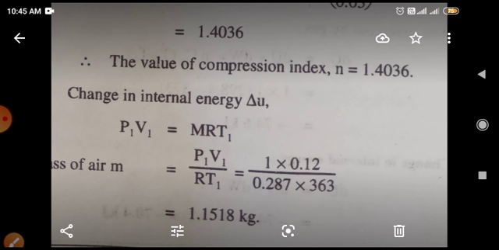Let me make some calculation. What is the value of mass? 1.158 kg, is it? We have got the value of mass equal to 1.158 kg.